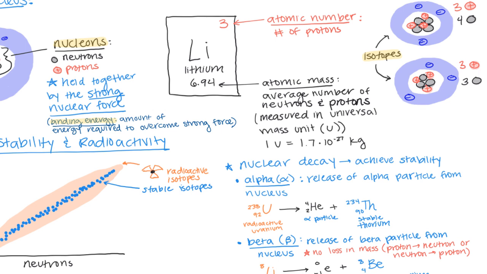The reason is that atoms are so small that it doesn't make sense to deal with these big numbers if we're working with atoms all the time in nuclear physics. Just so you all understand, one universal mass unit is the same as 1.7 times 10 to the negative 27th kilograms.